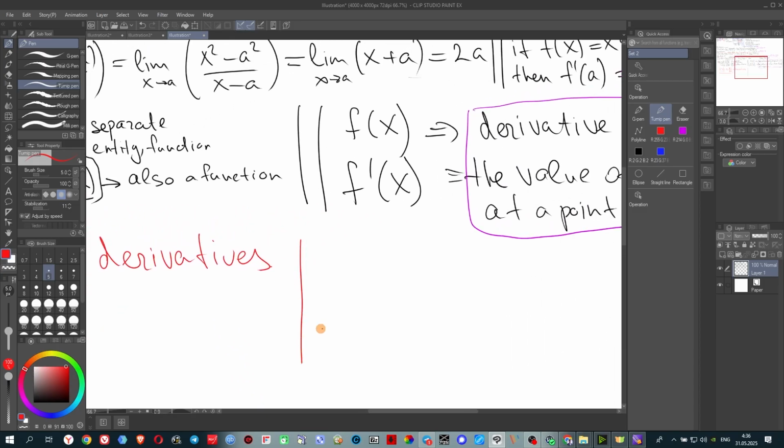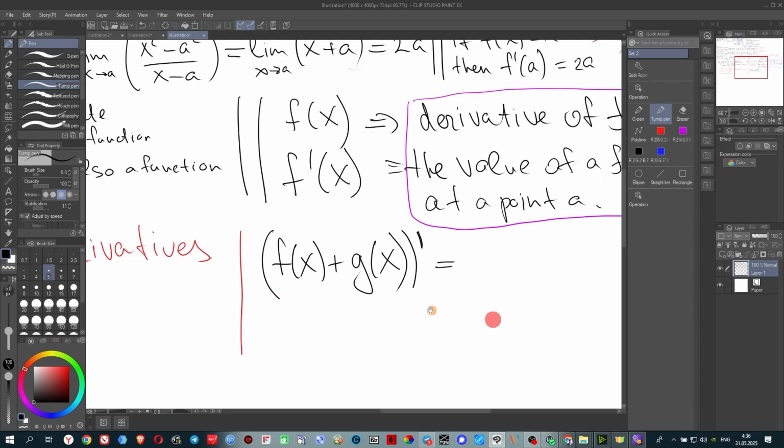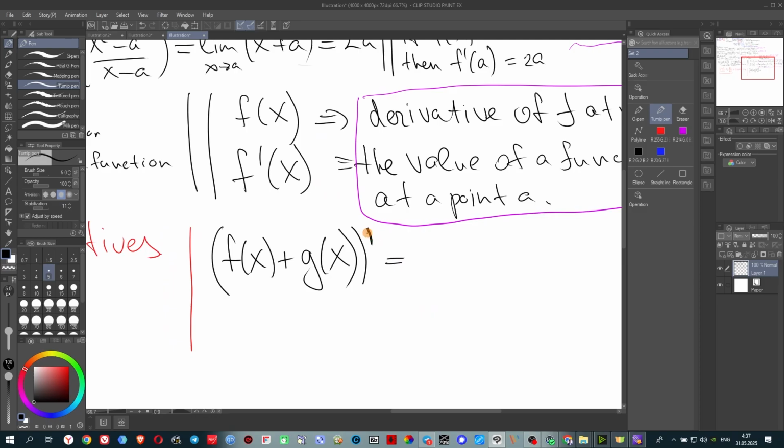For example, if you have a sum of functions, f of x plus g of x, okay? And let's assume that you want to get the derivative at a certain point a of this sum. Do you guess what it would be? Can you take the derivative of each separate function? I assume so.